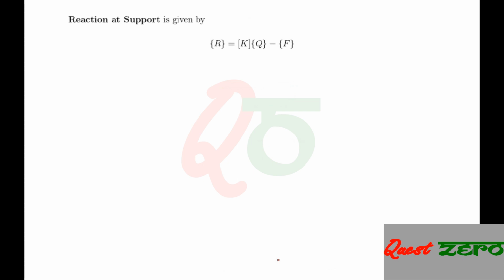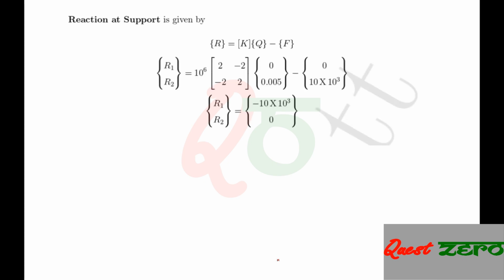Next, calculating the reaction at the support, we use the formula R equals K into Q minus F. Since R is again a vector, the reaction force vector, R1 denotes the reaction at node 1, R2 denotes the reaction at node 2.